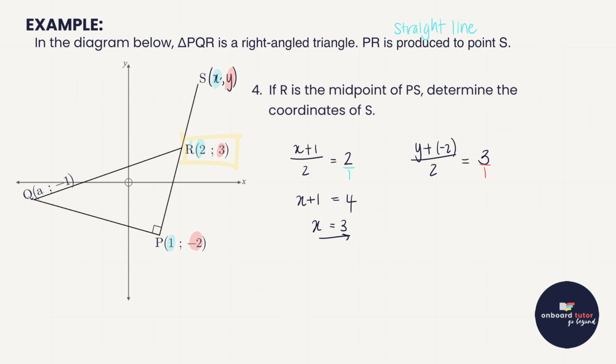The other thing that I'm going to do to make my life easier is this plus minus. I'm going to quickly say that's a minus over there. So then we'll have y minus 2 times 1, and then equals 2 times 3, which is 6. We're going to take that minus 2 over, and y is equal to 8. So there we have it. It's about looking at what you've got and applying it to one of those formulas that you've been given.